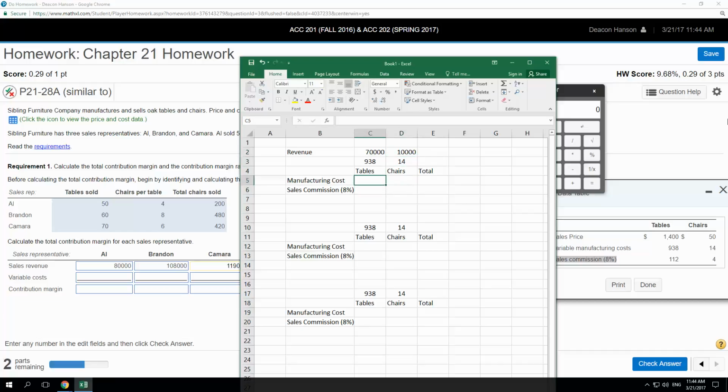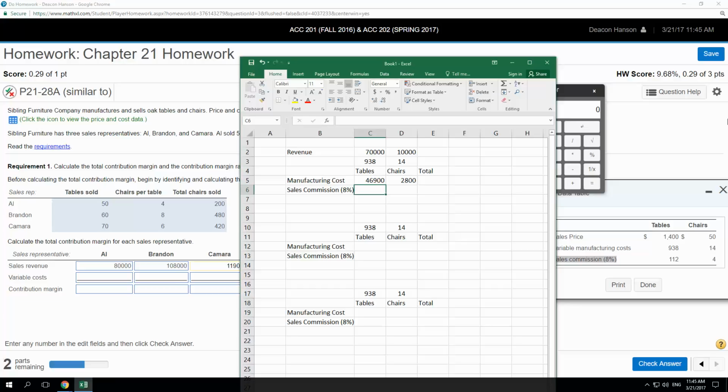So his manufacturing costs are going to be the 50 tables times 938 for tables, and the 200 chairs times 14 dollars per chair in variable manufacturing costs.